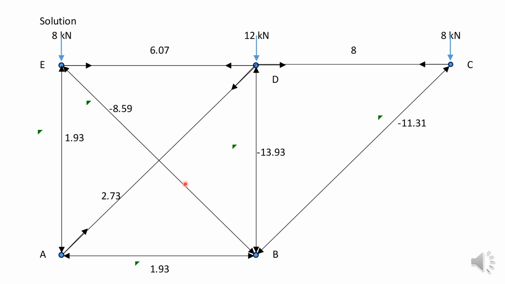Okay, because of the redundant member here, you have this increase in the compressive force here. Of course, you have a decrease in the tensile force here, in DE, which was originally 8, now is 6.07. You have tensile force in AD and a compressive force in BE. So these are the overall forces.